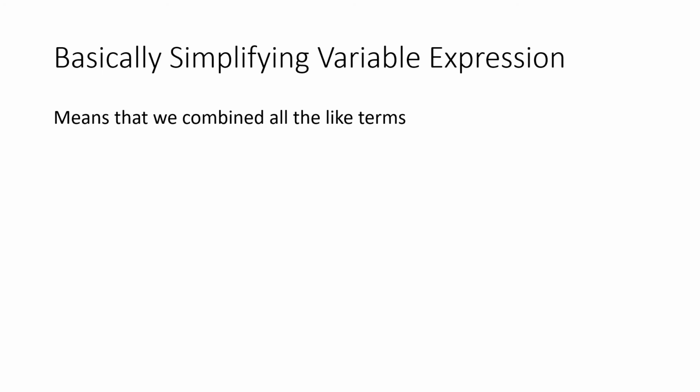Now, basically, simple. Let's get to the gist of it. Here's the main idea of this whole section. Basically, simplifying a variable expression means that we're combining all the like terms we can find. That's basically what we're doing.